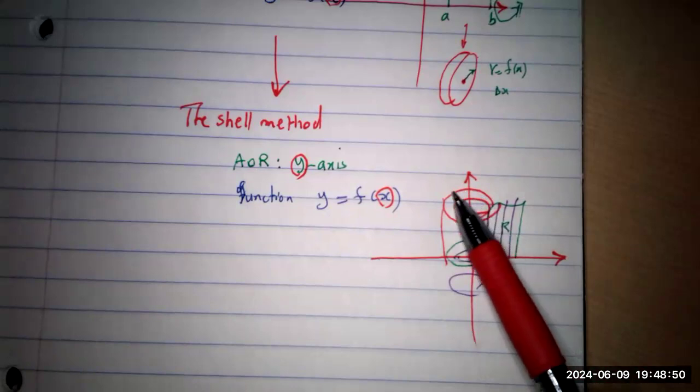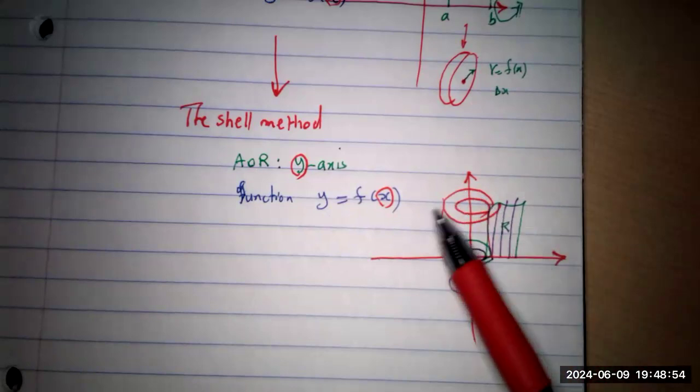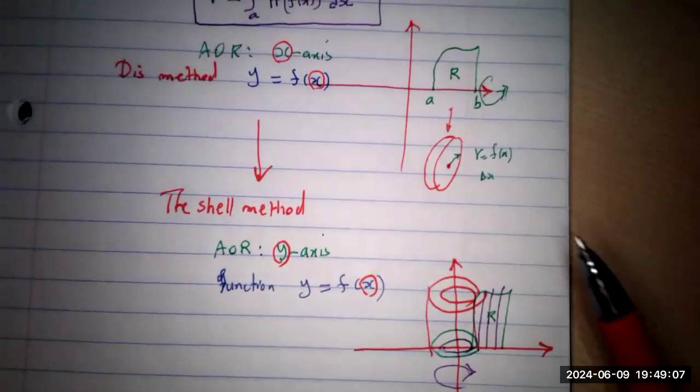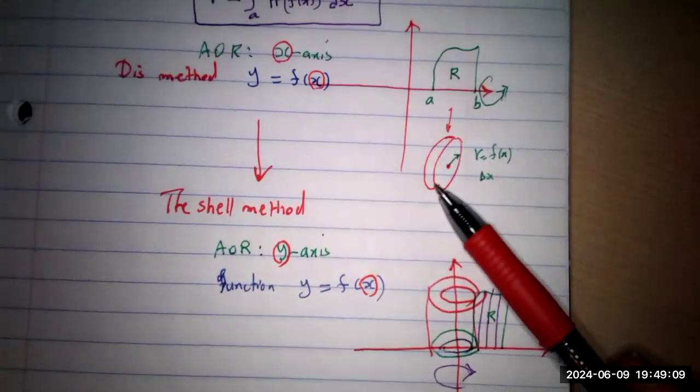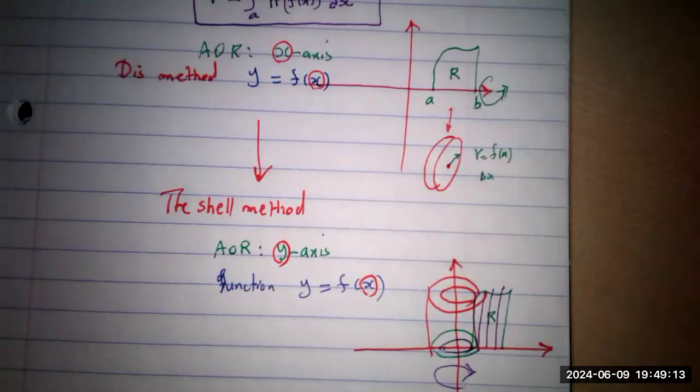When you put them all together, you get a collection of these cylinders. That's why the method is called cylindrical shell. So what you have to do is exactly what you did over here. For the disk method, we found the volume of one circular disc, then added them together.